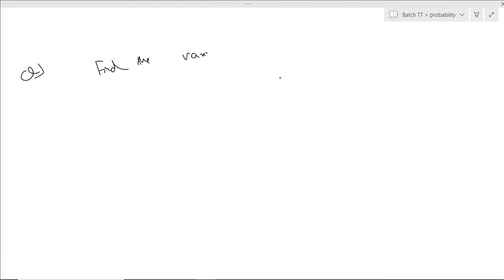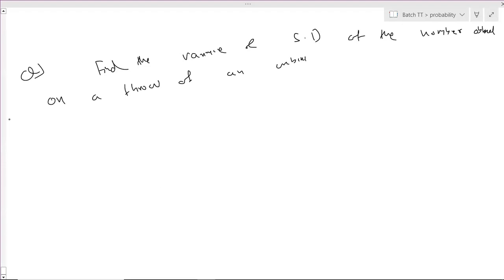Find the variance and standard deviation of the number obtained on a throw of an unbiased dice. All right, I'll give you a few minutes for this.